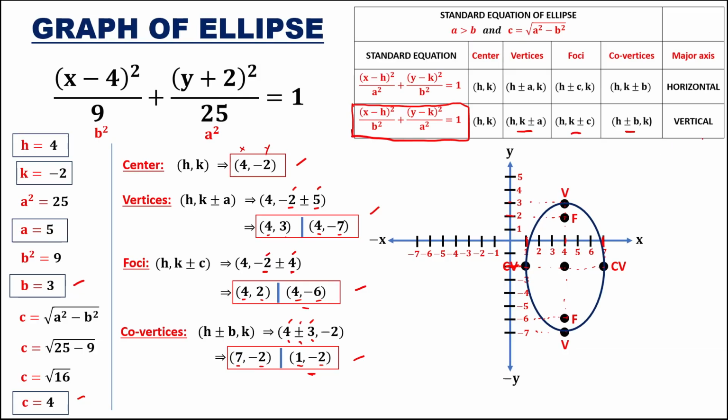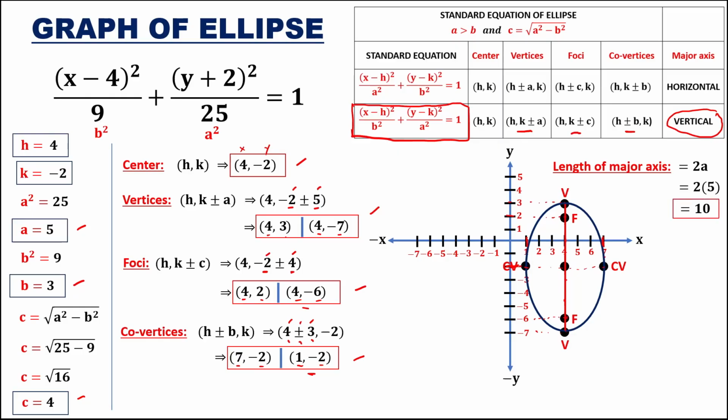So take note that this ellipse is a vertical ellipse. So therefore the major axis is in vertical form. So this is the major axis. And to find the length of the major axis, that's 2 times A. Since A is equal to 5, this is 2 times 5, therefore the length of this major axis is equal to 10.